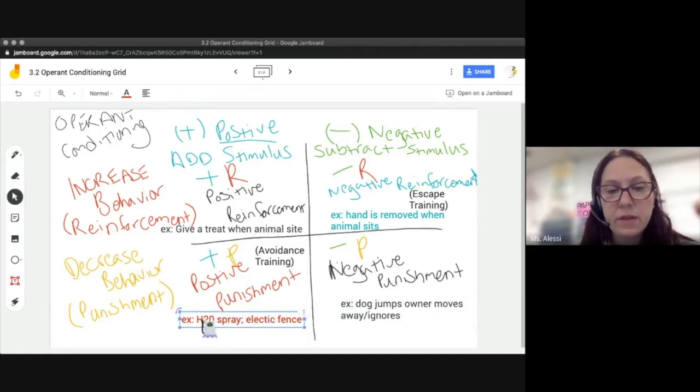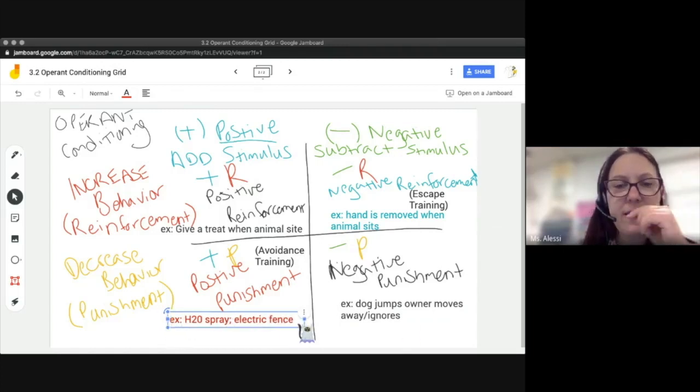And then I'm going to spell electric right. All right. So get this in your notes. Keep thinking about different examples, because we'll continue to talk about it. And you will see some of these on your exam as well.